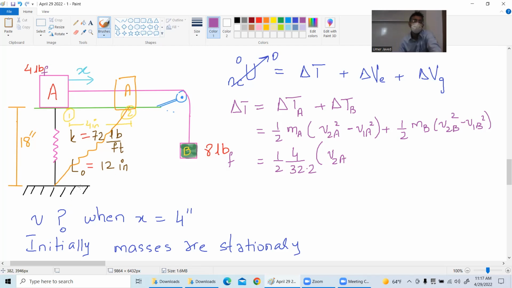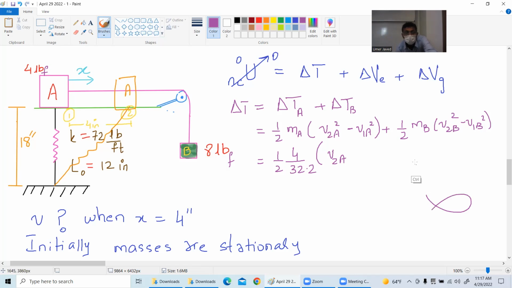Sorry. Okay, so there are two parts to the question. One is find the velocity when X is 4 inches. The second part of the question is find the X max. X max means that A goes to the right and it stops at one point. So how much it goes to the right is the second part of the question.